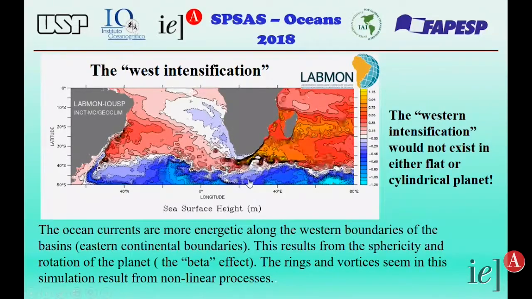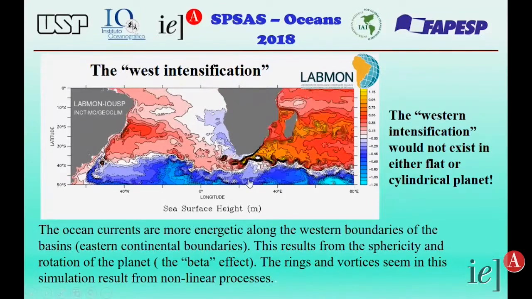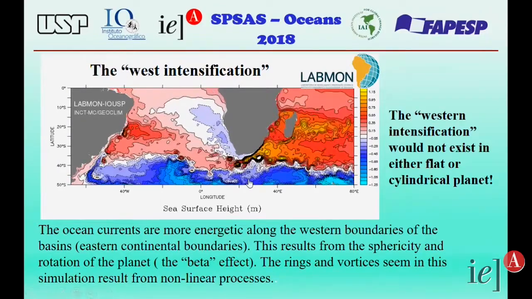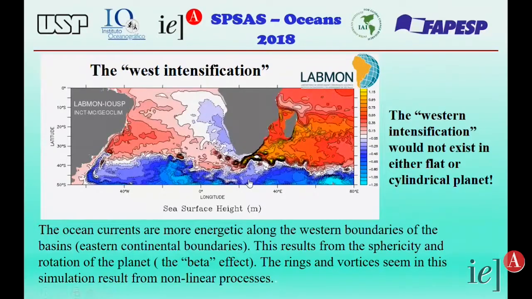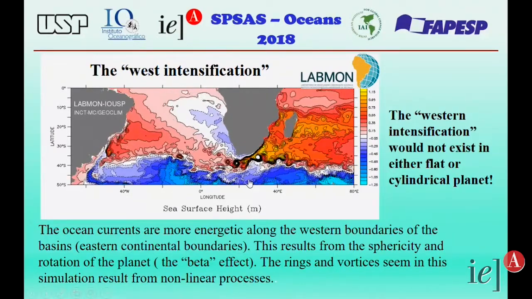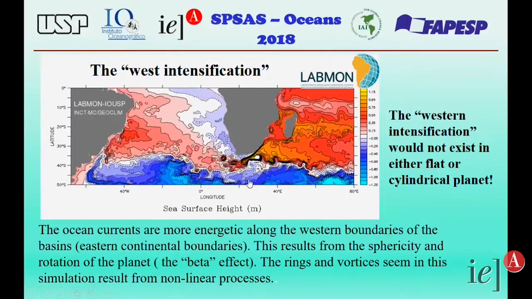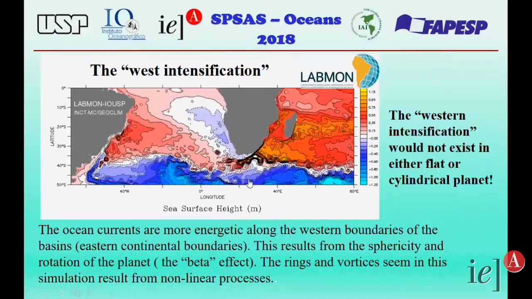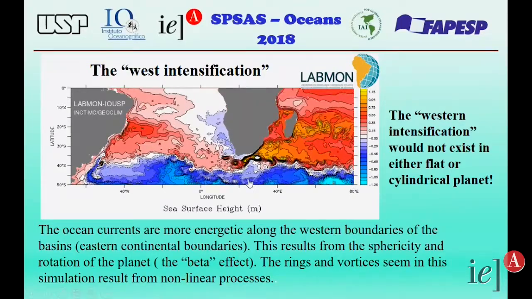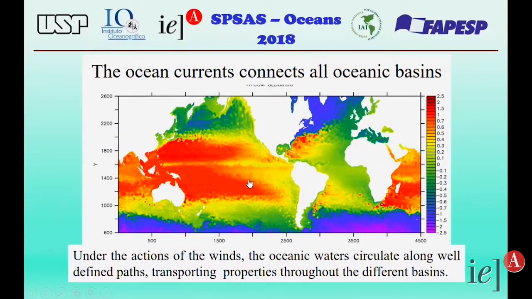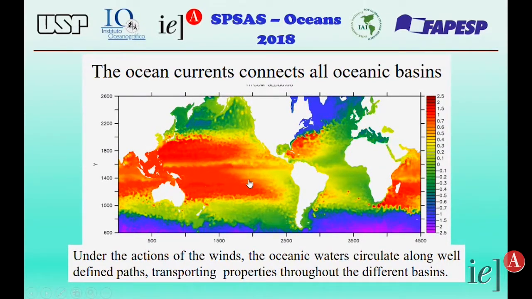The ocean circulation is intensified in the western parts of the basins, and this intensification is due to the sphericity and rotation of the planet. This does not exist in a flat Earth. And this can be seen in all ocean basins.